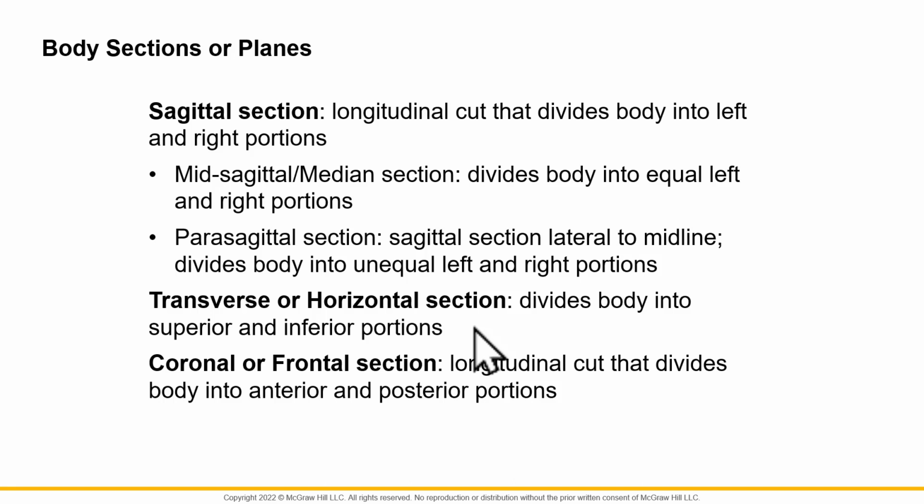A transverse section divides it into upper and lower, or superior and inferior. All right, the coronal section is going to divide it into anterior and posterior. A lot of people use coronal because you think of a crown on your head. You put that crown up on that head, and you've got a front and a back, if you will, of that head. So that kind of helps you remember, the coronal.